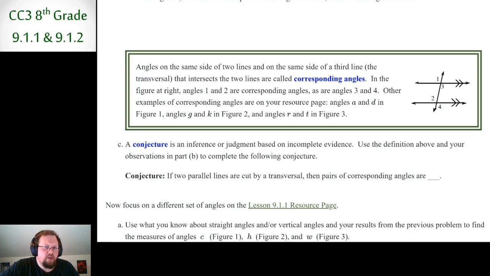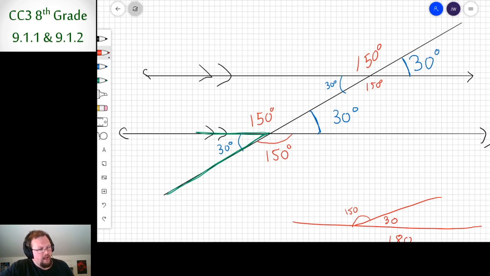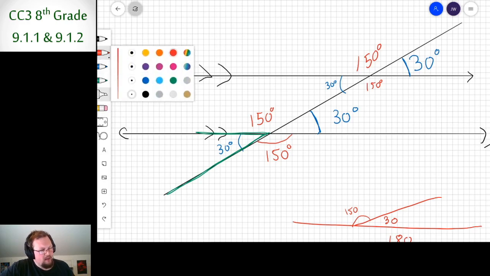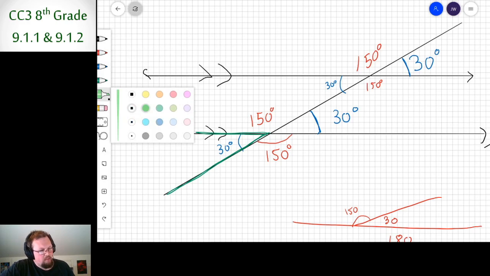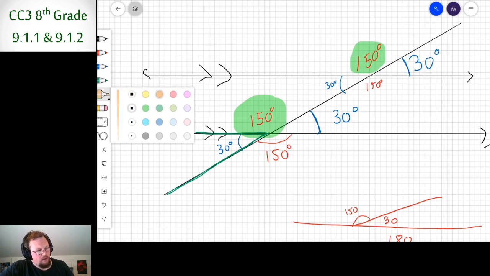This is another definition that you can use. So 1 and 2 are corresponding. 3 and 4 are also corresponding. And if I looked back to my example here, a pair of corresponding angles could be the 150 and the 150 right there and right there. Those are corresponding.